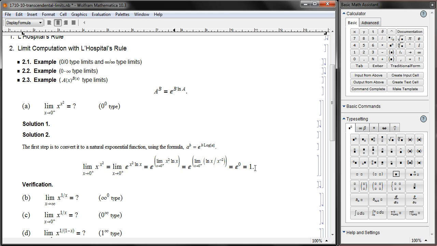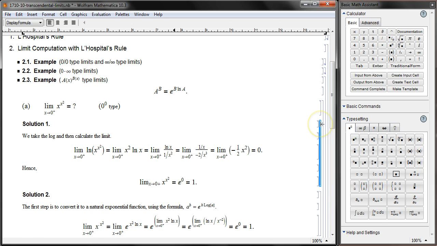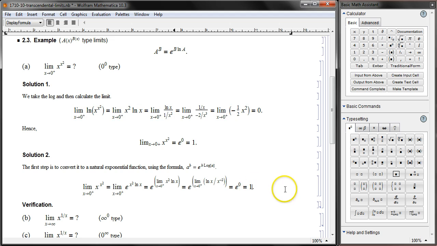Okay, there you go. And then you can apply L'Hopital's rule, do everything, and you're going to get e to the 0 power, because this whole thing over there, if you use L'Hopital's rule, you're going to get 0. So in the end, we get e to the 0 power, which is 1. I skipped a little bit of steps here because I did it already in the previous problem, this part. Otherwise, pretty much the same.